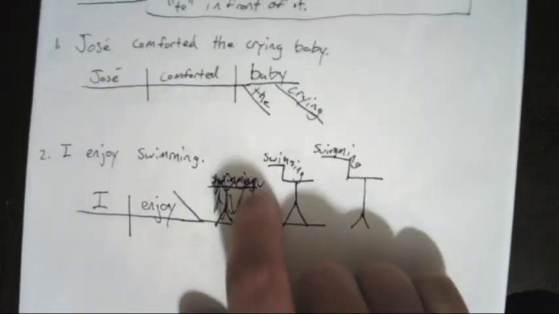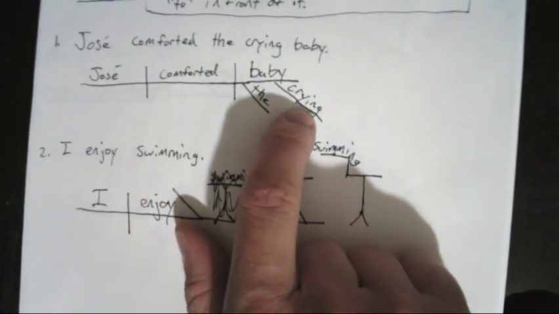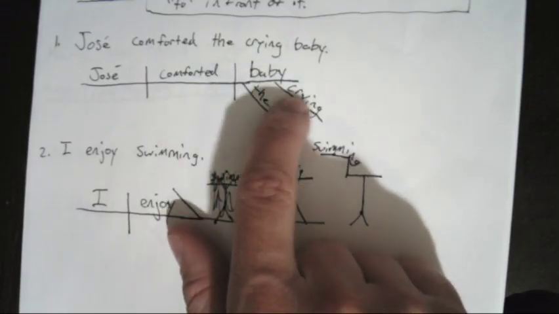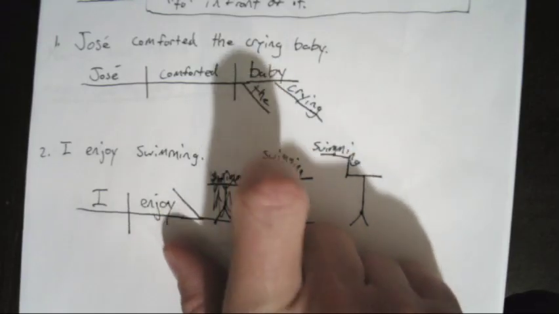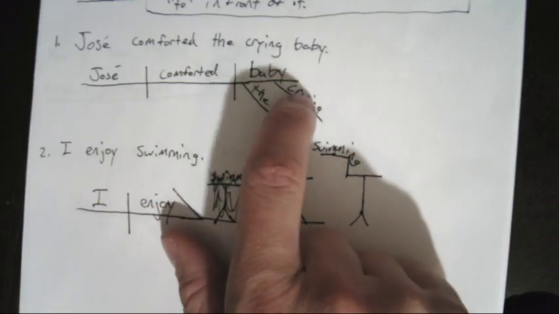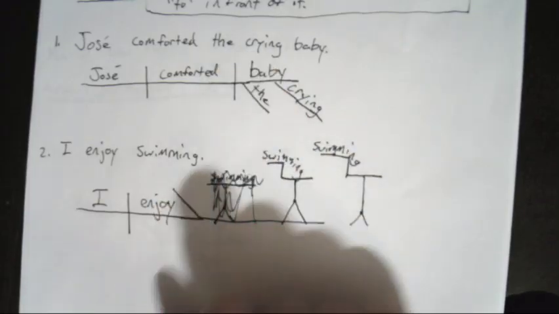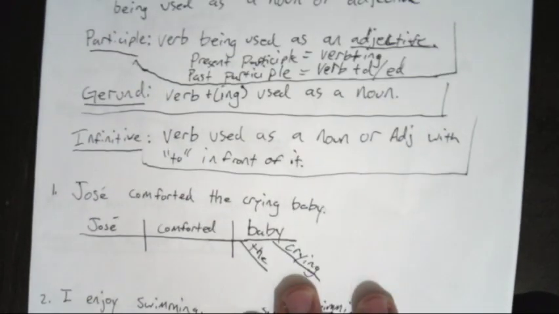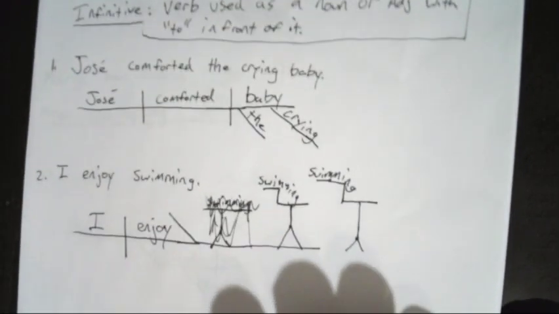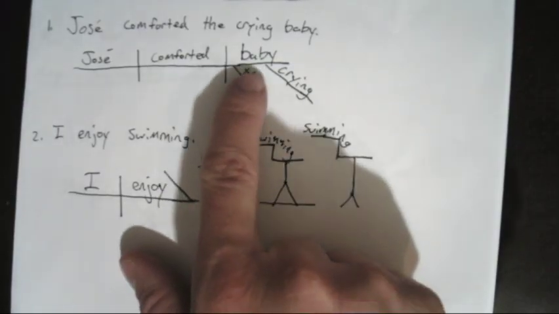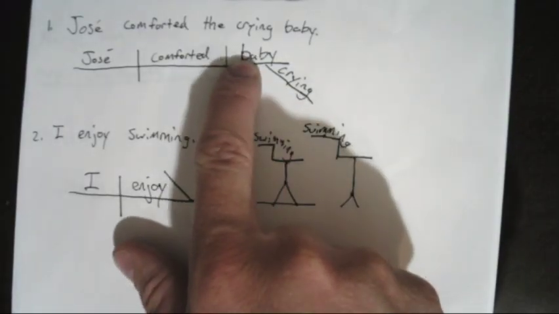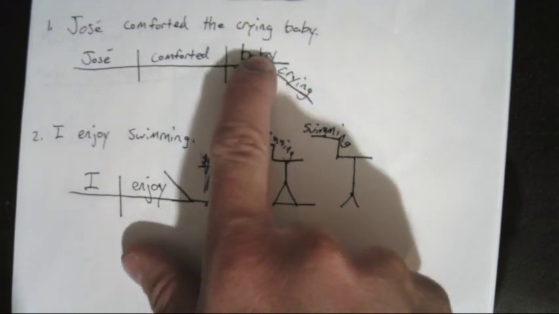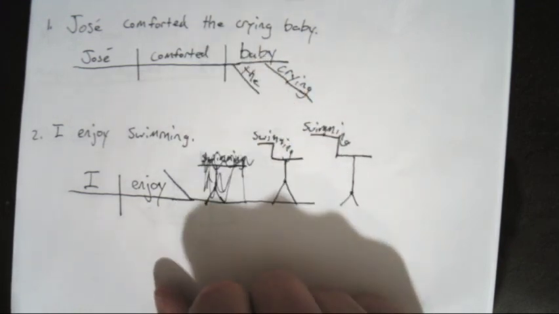All right, the word is crying. Crying is modifying baby, right? Crying is a verb, but it's just telling us which baby, right? The crying baby. So that is an infinitive, and I'm sorry, no, it's not. It's a participle, and that participle it's diagrammed just like an adjective.